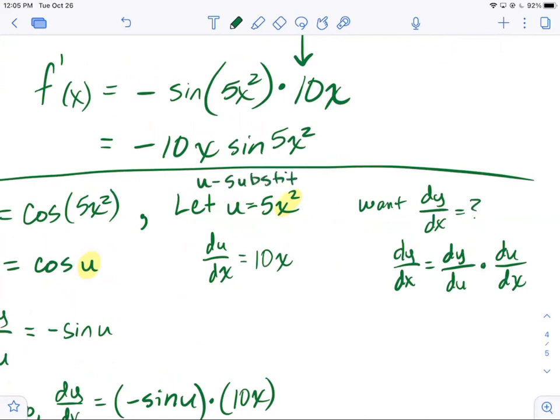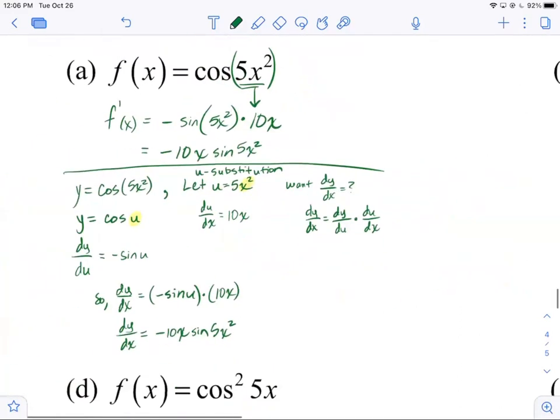We'll utilize it a lot in integration, especially in the beginning when we're trying to help ourselves see patterns. But there are some times where it's absolutely required, and I'll show you. We'll cross that bridge when we get there. How about that? All right, so there's A done a couple different ways.